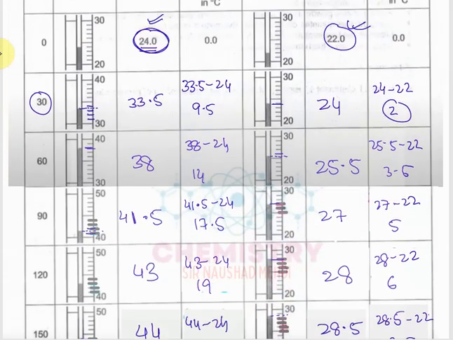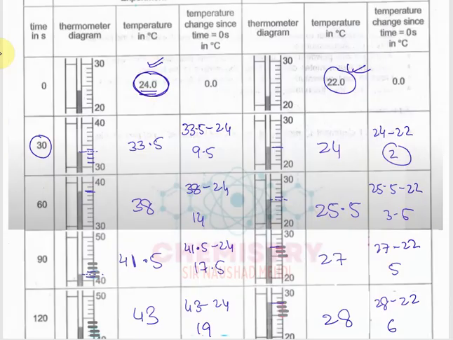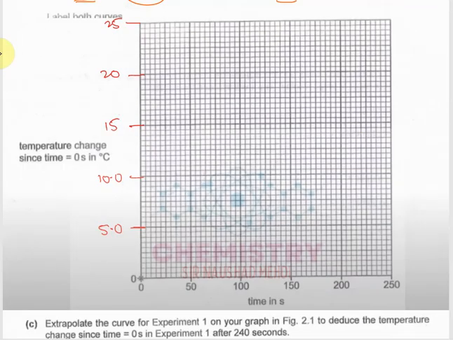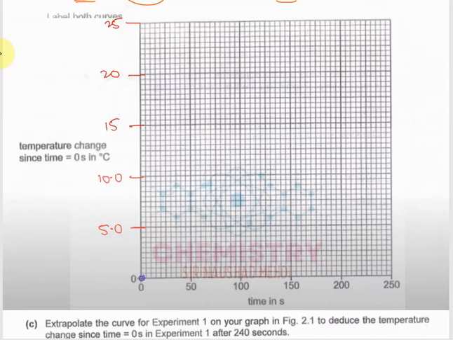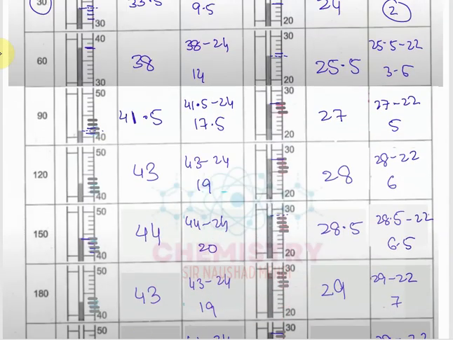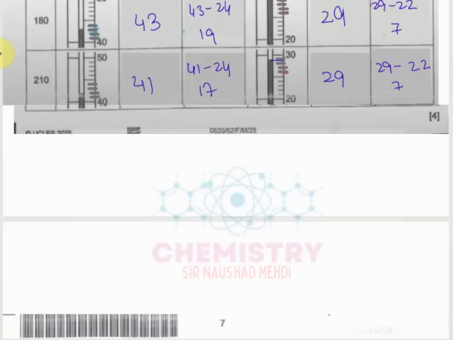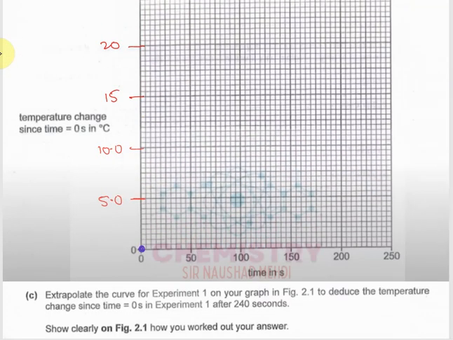So first of all we have to plot experiment number 1. In experiment number 1 at time 0 we have 0, so it's already drawn over there. And then at time 30 seconds we have 9.5. Here you can see 0 and 50, we have 10 boxes over there.